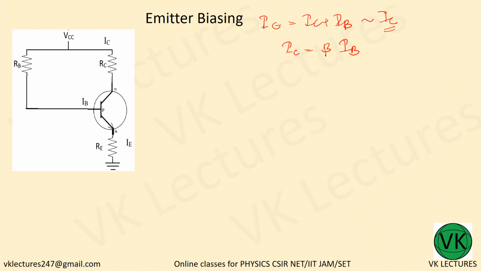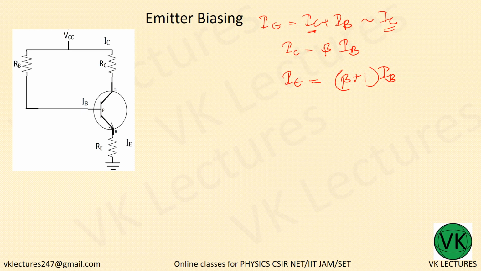Then we can write IC equal to beta IB. Then just substitute this value. IE is equal to beta plus 1 into IB, right? IE is equal to beta plus 1 into IB.